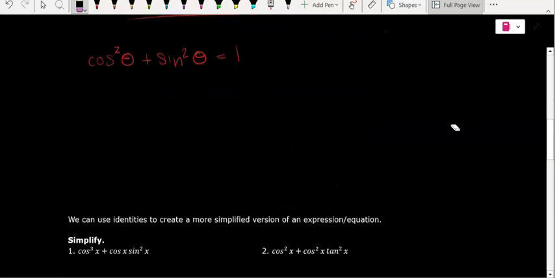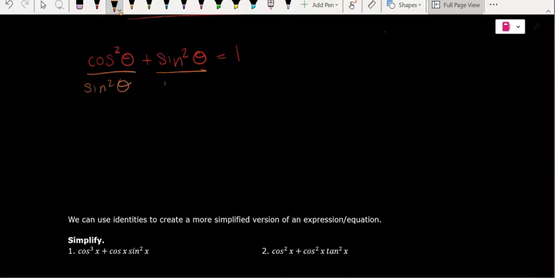And then I'm going to do the exact same thing here, except instead of dividing everything by cosine squared, I'm going to divide everything by sine squared and then reduce. So let's go ahead and do that. If I do cosine squared divided by sine squared, I should know that cosine over sine is cotangent.